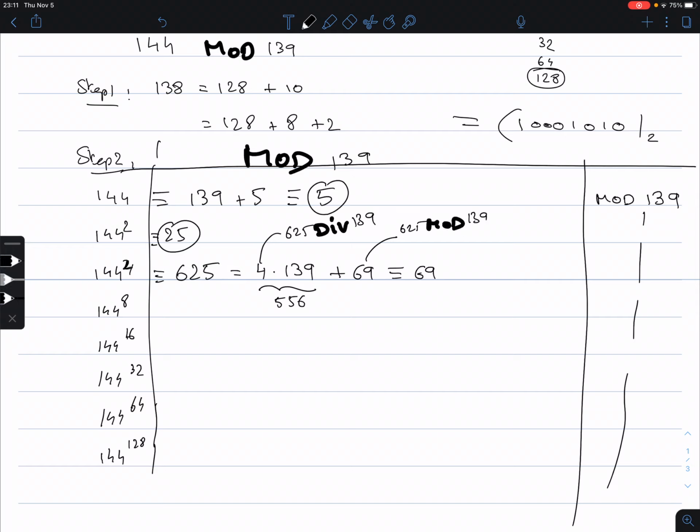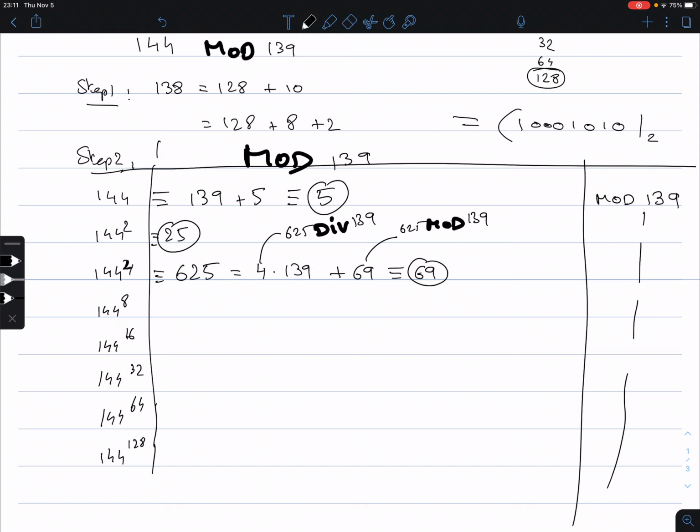The division algorithm gives you both these numbers, but we only need the second one. I want you to do it that way so that I see that you understand how this works. Okay, 69. I don't need this intermediate calculation.